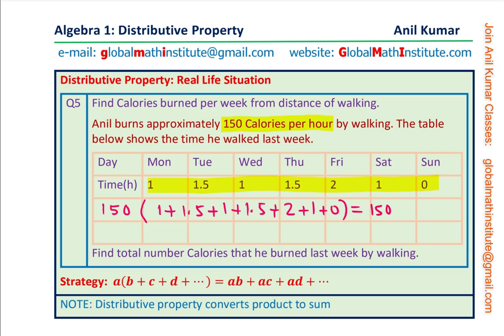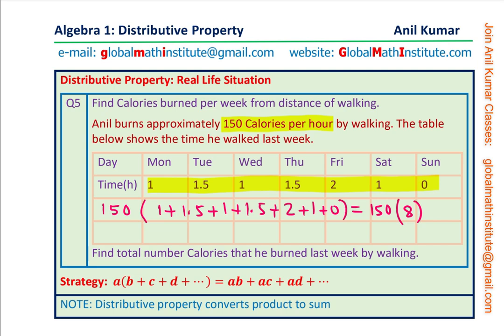So 1 and 1.5 makes 2.5, then 3.5, 4.5, and 0.5 more, 6, 7 and 8. Makes sense. So what we have done here is we added the smaller numbers first and then multiplied by 150, and that's what we do in everyday life.